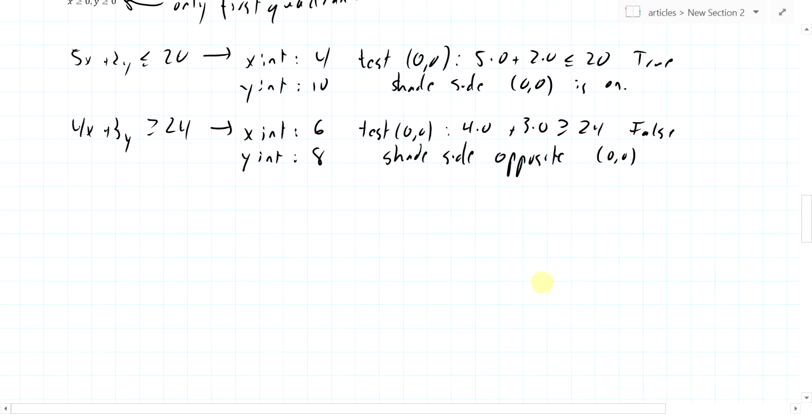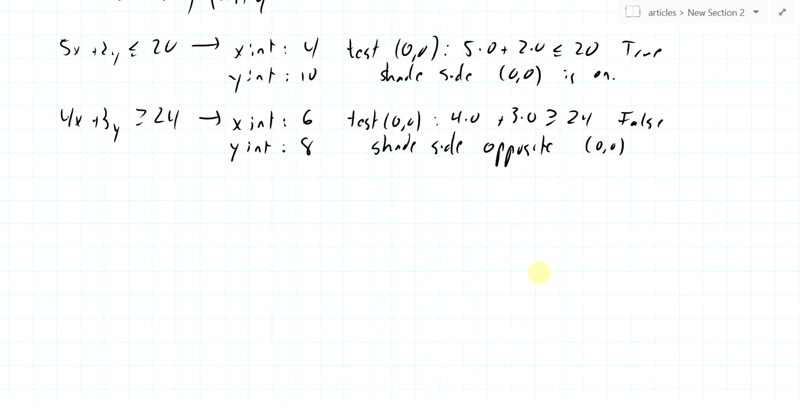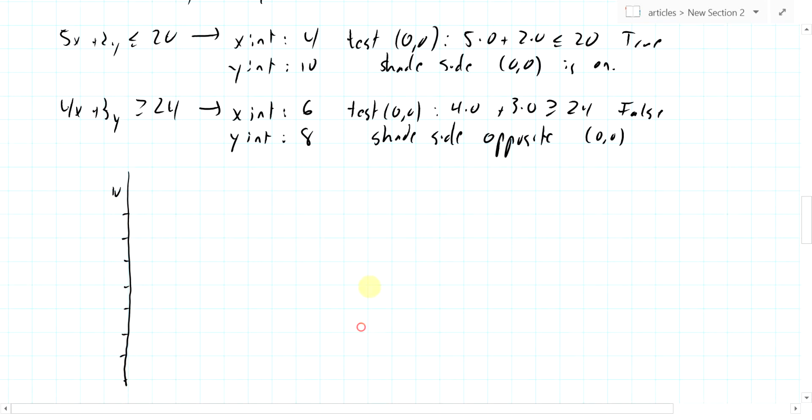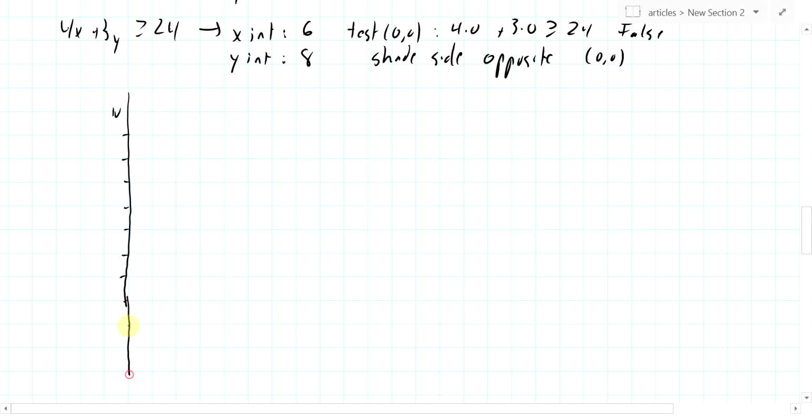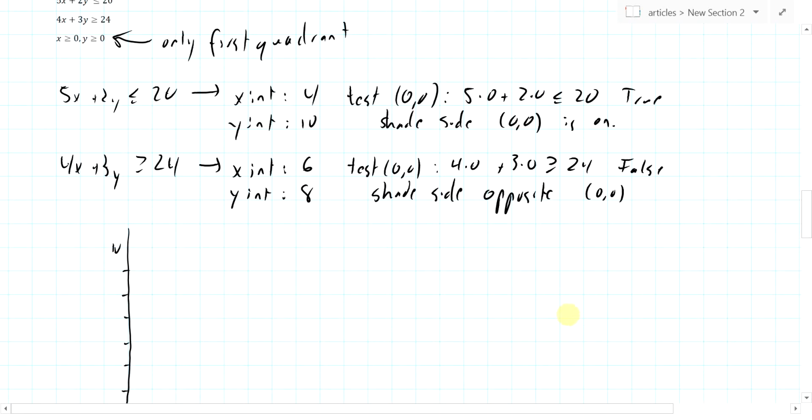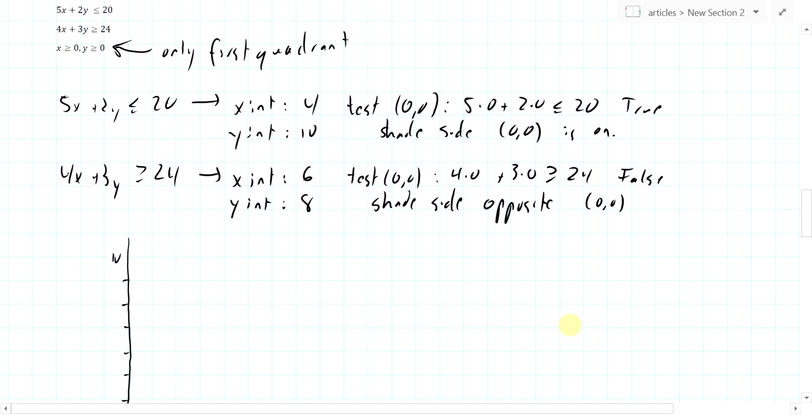Okay, so what does our graph look like? Let's see, if we want this to be 10, 9, 8, 7, 6, 5, 4, 3, 2, 1, 0. So there's 0, and we need to go out to 1, 2, 3, 4, 5, 6, 7, 8, 9, 10, say. And there is our graph.